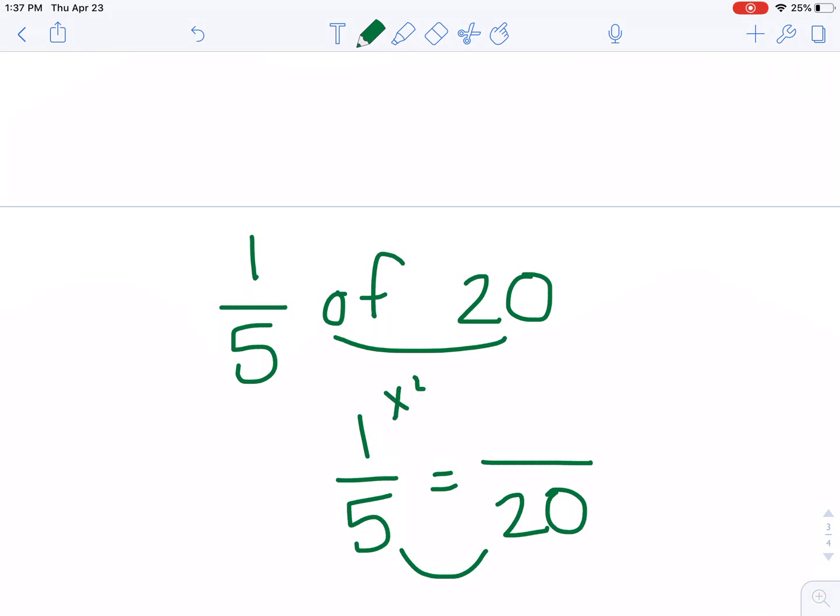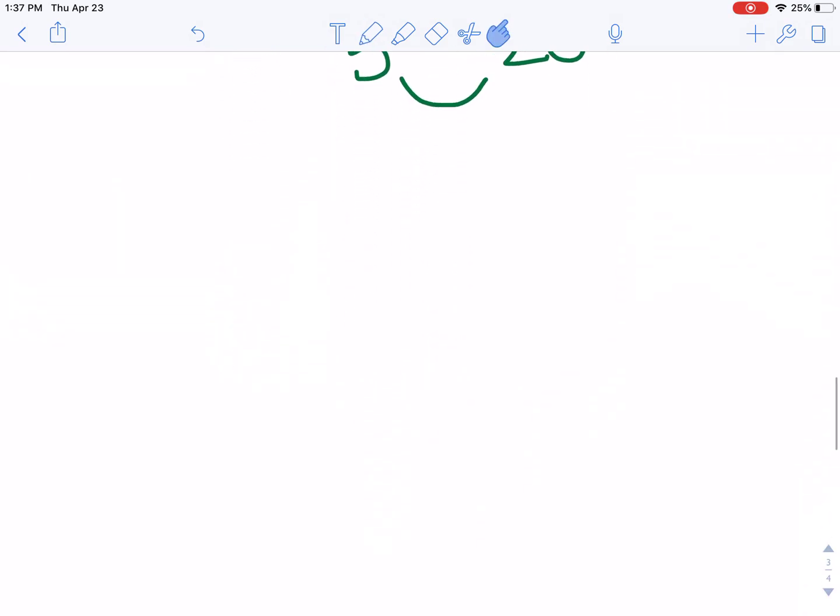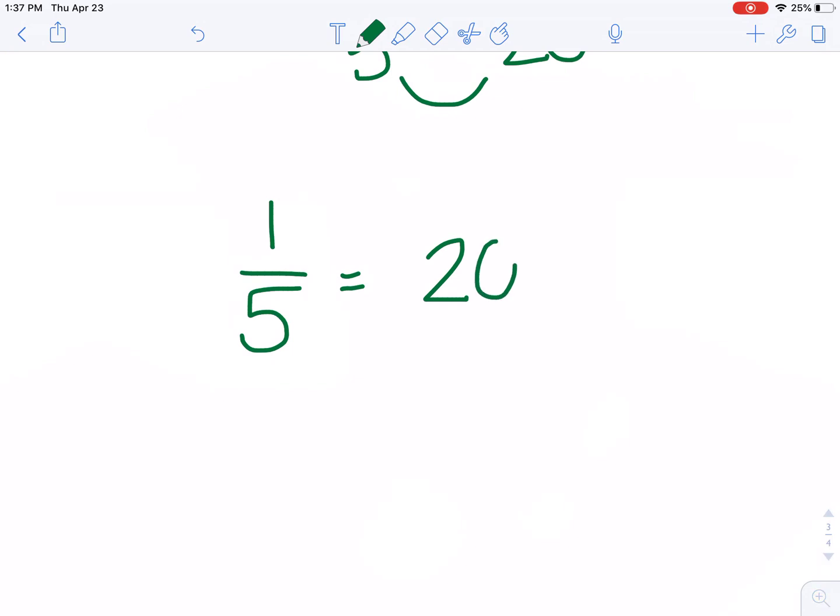So the top one is times 4 as well. And so the answer would be 4. Okay? So 1/5, while I wasn't one of the easy percents that I gave you, hopefully after you did the math from the other day, you would have seen, because it still is a percent, 1/5 equals 20%.